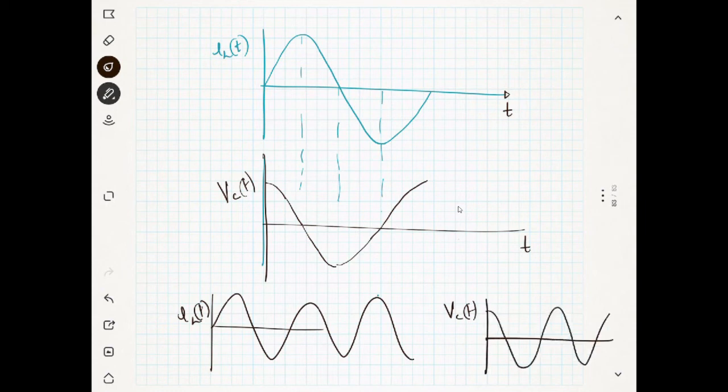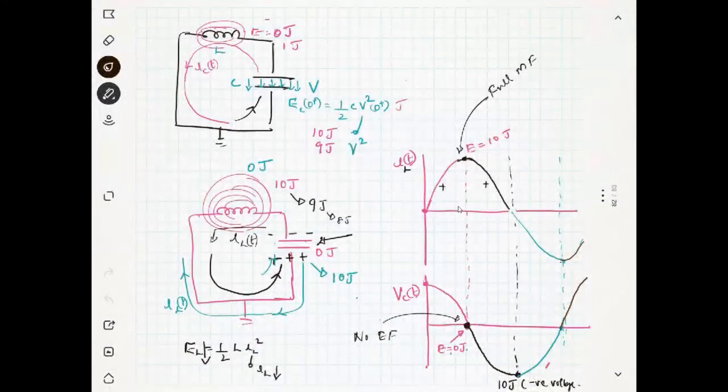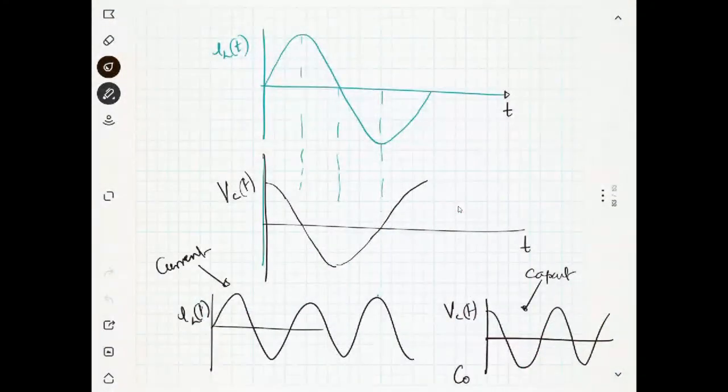If you measure the voltage across the capacitor, it will look like this, and if you measure the current in the circuit, it will look like this. Both are sinusoidal. Is it clear? One is a sine wave and another one is a cosine wave, right? Yes, so it is cosine, and this is sine.